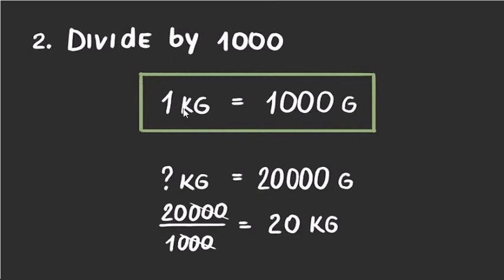So 1 kilogram equals 1000 grams, and we divide this 20,000 by 1000. 20,000 divided by 1000, the answer is 20 kilograms.